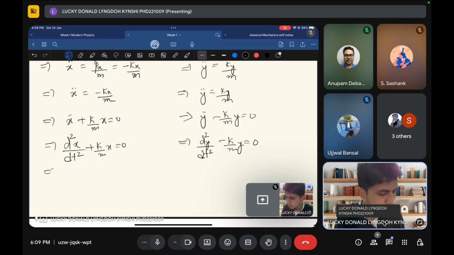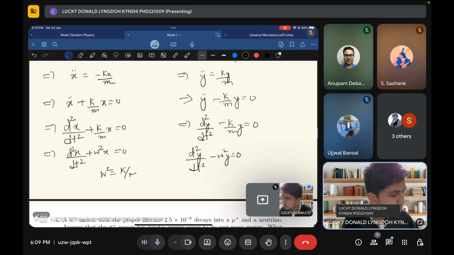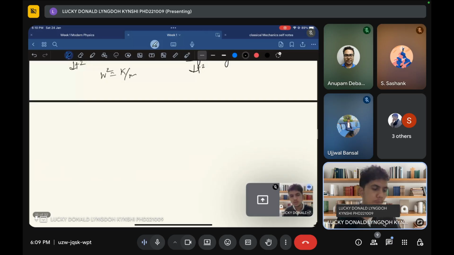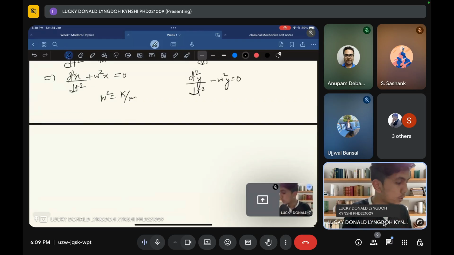This is in fact simple harmonic motion: d square x by dt square plus omega square x equal to 0, where omega square is equal to k by m. You have seen this equation quite often, and d square y by dt square minus omega square y equal to 0. If you want, you can use the first order or second order differential equation.